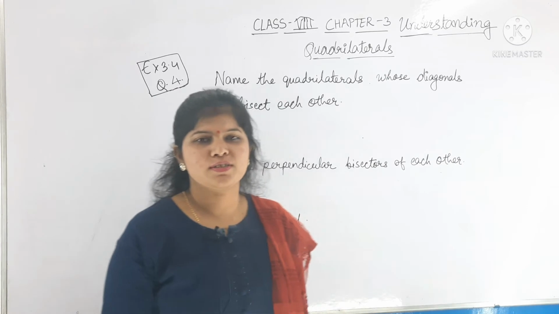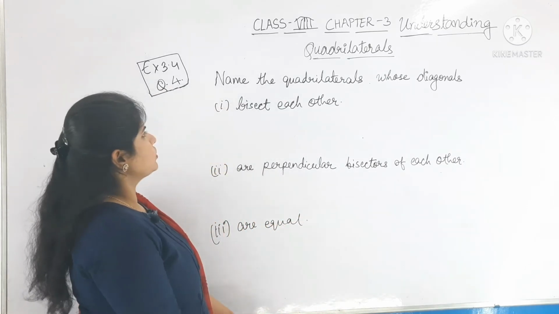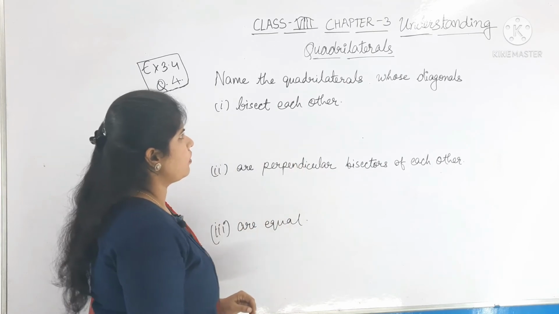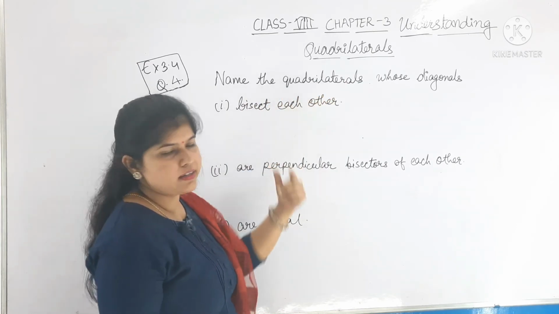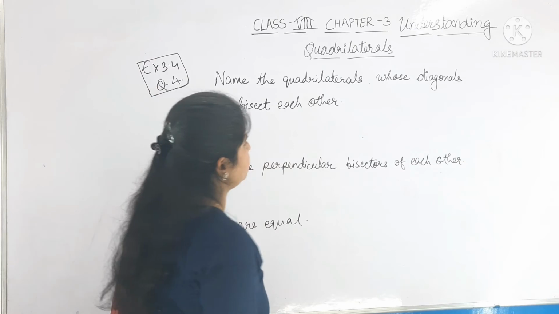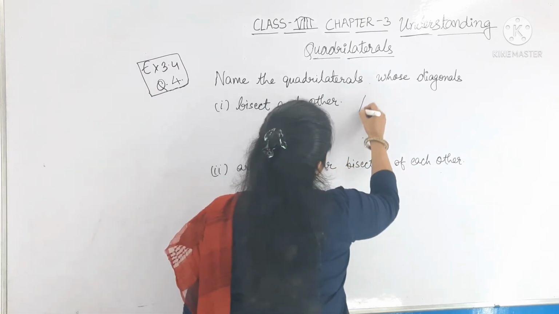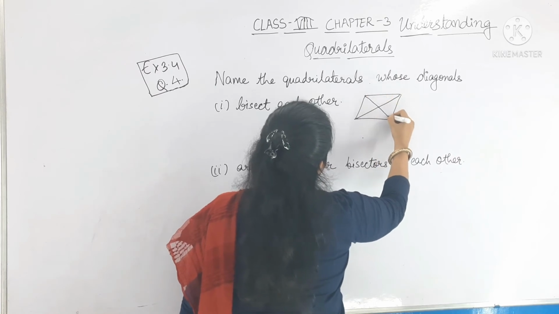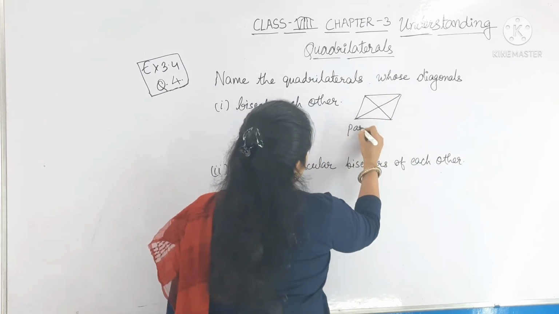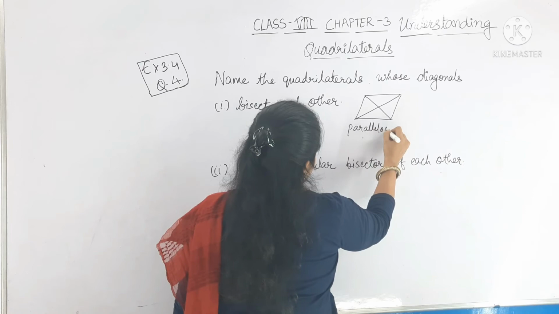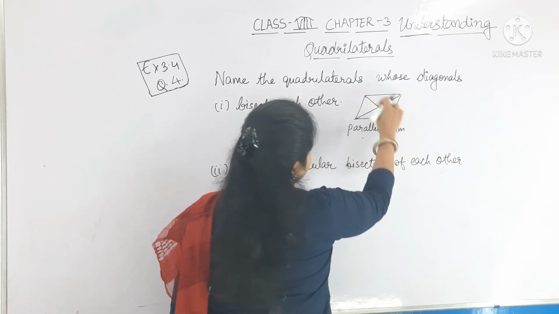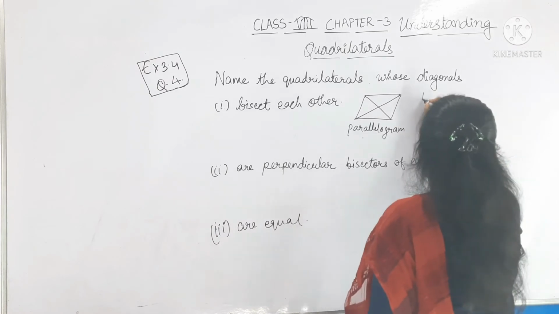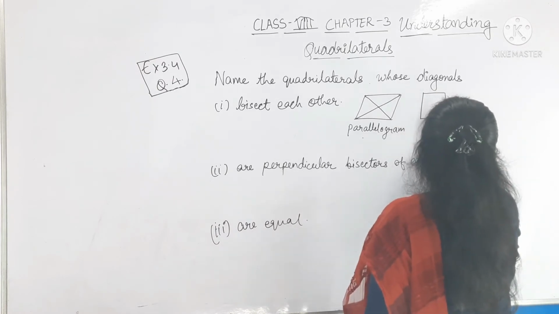Now let's move to question number 4. What is the question? We have to name the quadrilaterals whose diagonals bisect each other. Here you can see that a parallelogram's diagonals bisect each other. This is the diagonal, right? This is a parallelogram. This is a square.